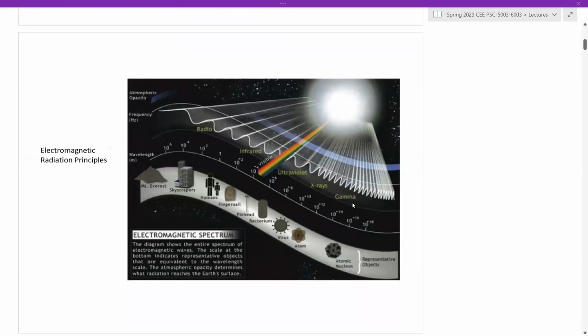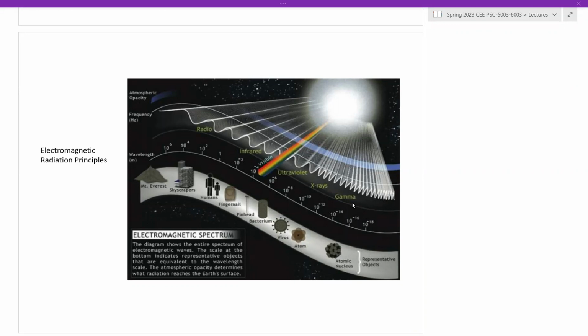From the sun, we will have light in different forms. It will come at different frequencies or wavelengths. There is a relationship between frequency and wavelength, and we will see it later in this lecture.